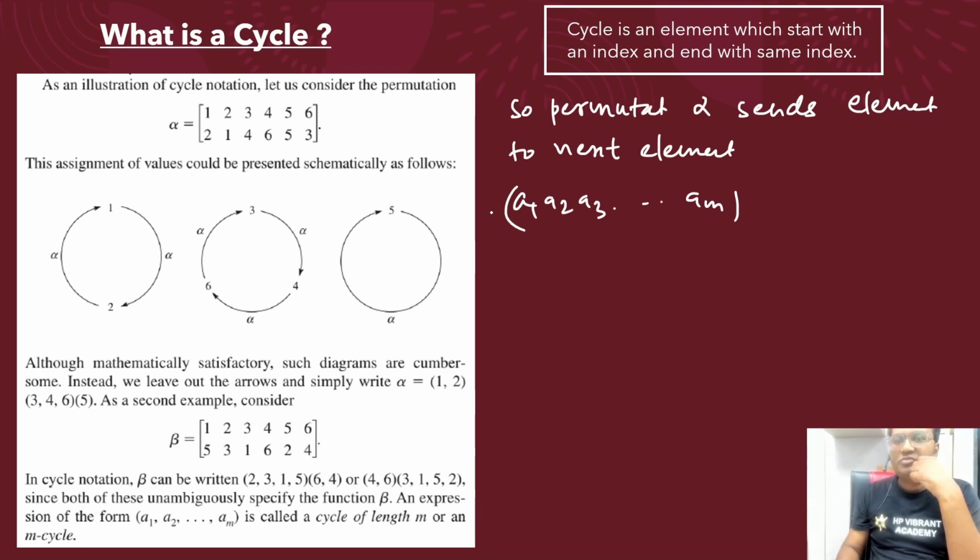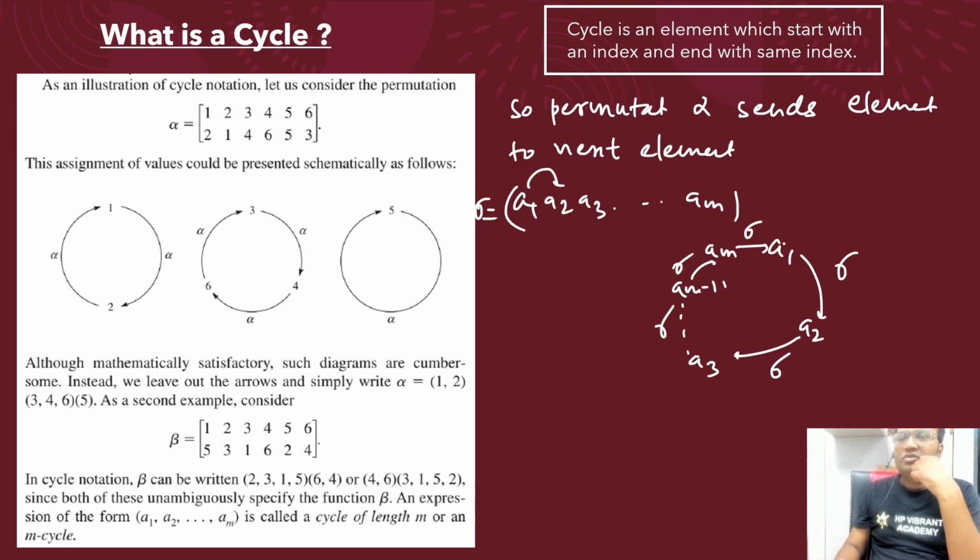An application of this permutation is nothing but a one-one onto mapping. So a1, on application of this permutation sigma, is sent to the next element. So a1 goes to a2, similarly a2 goes to a3, like this. a(m-1) goes to am, and am goes to a1. So on the application of sigma, it goes from the first element to the second element to the third element, like this. So this is nothing but a cycle.